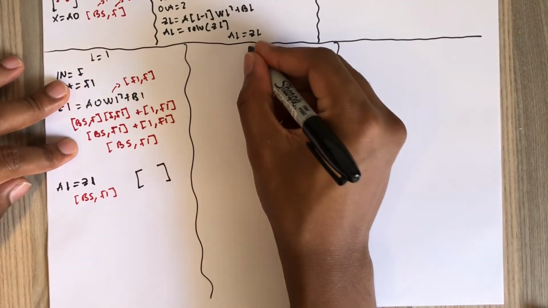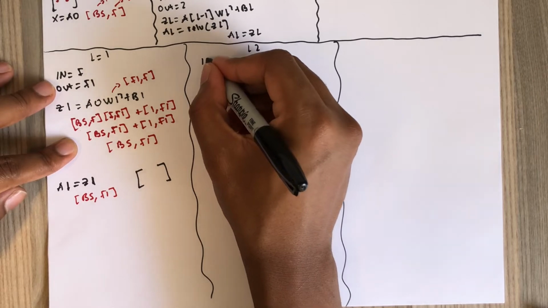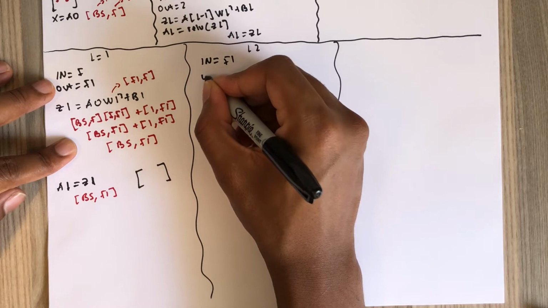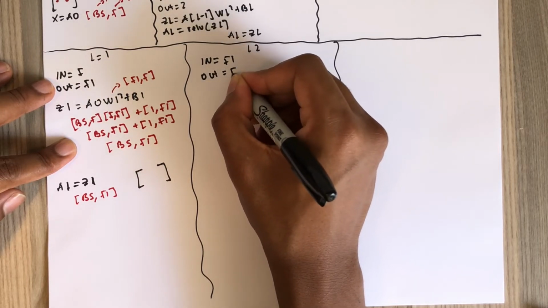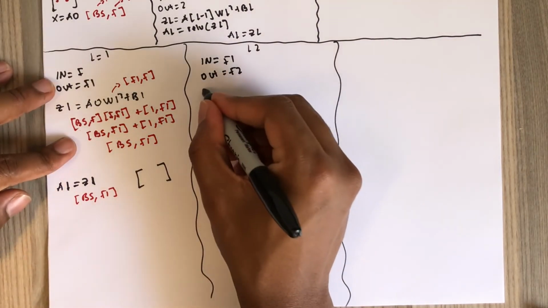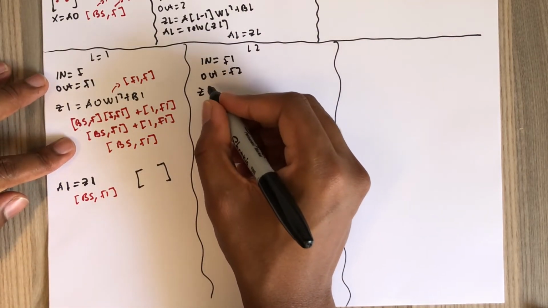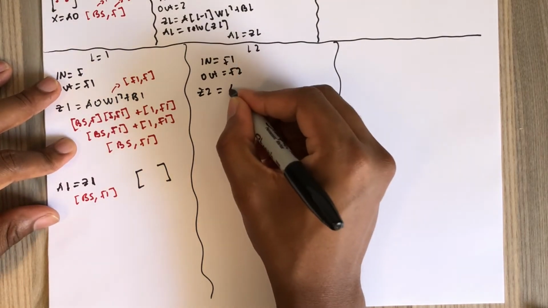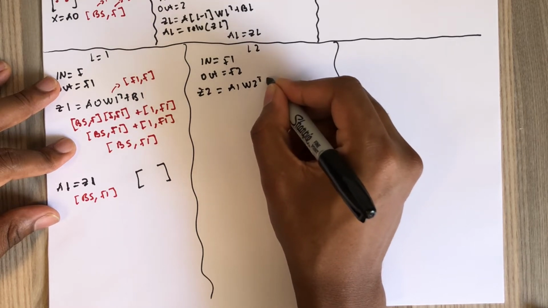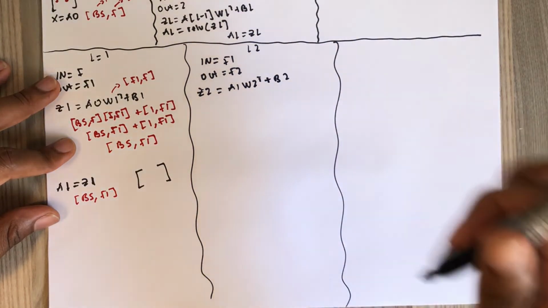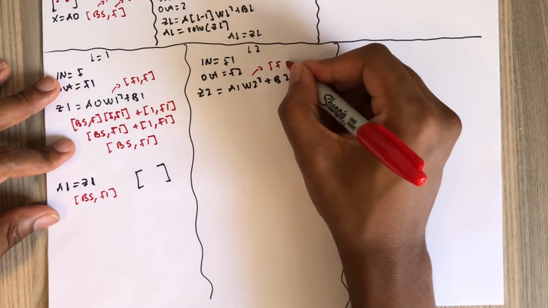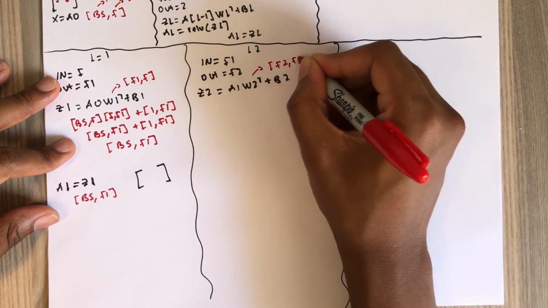Okay, so let's move on to layer 2. Layer 2 must have input features of F1, then output of F2. You can choose anything. Then compute Z2. Z2 is A1 using the formulas here, W2 transpose plus B2. W2 has a dimension of F2 by F1.